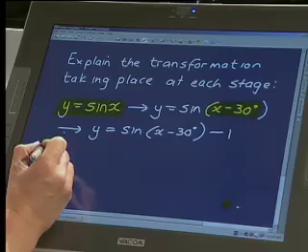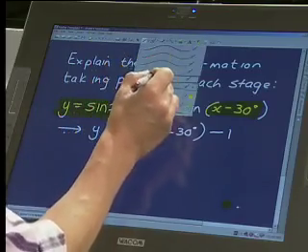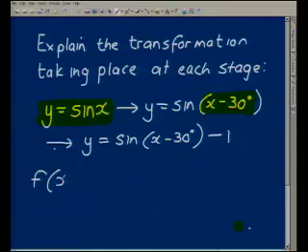So do you agree that it matches up with this one over here where the plus a is inside the bracket? Yes. So we must shift horizontally. Now tell me, will this be horizontally to the left or horizontally to the right? It's going horizontally to the right.